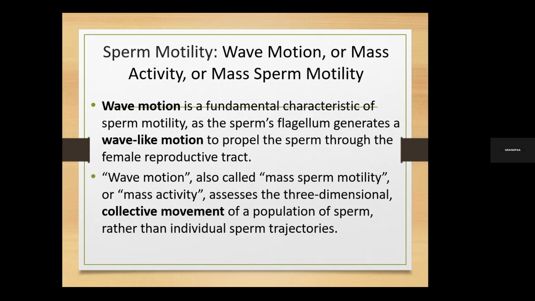Wave motion is a fundamental characteristic of sperm motility. Those of us who grew up in the village and went fishing with a hook and line, sometimes you get to the riverside and haven't seen any fish, but you see a certain kind of motion on the surface of the river, and you know there's fish in there.